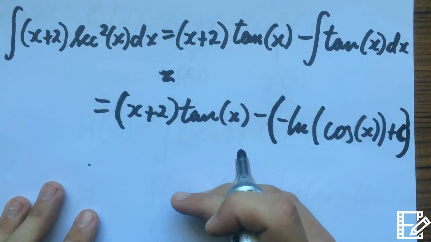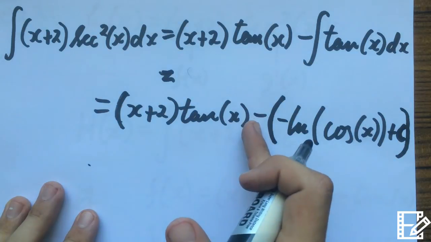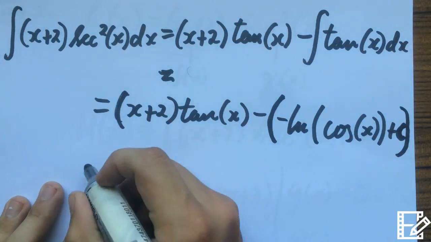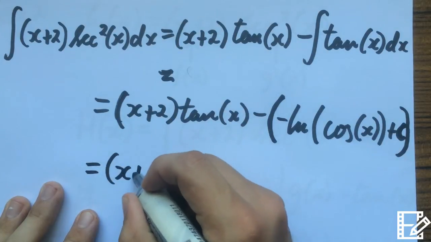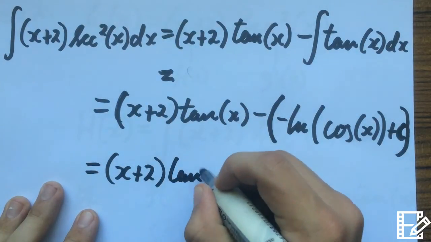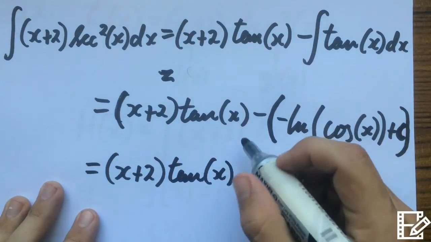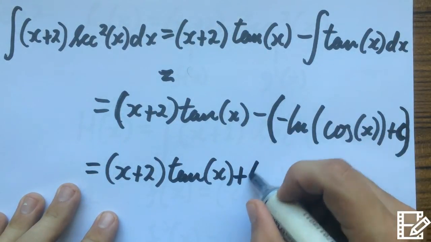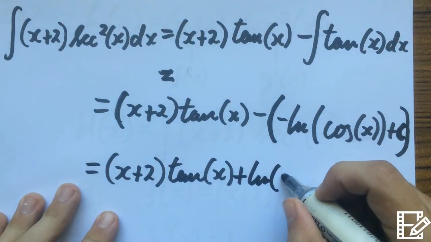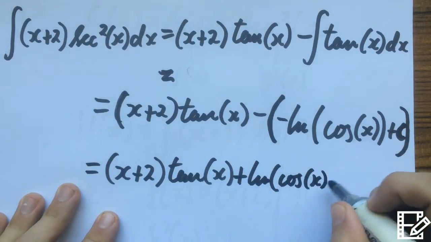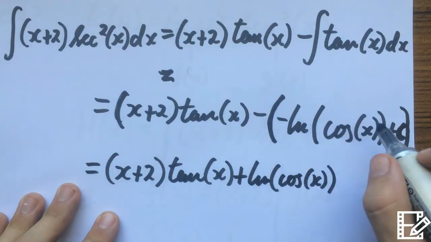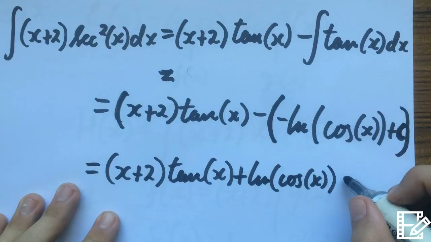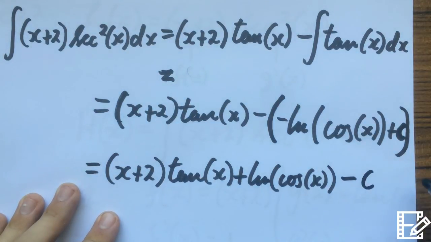The only reason I didn't do it for the other question is because it was a positive; we turned it into a positive before this stage. It's still a negative. So if I rewrite this bit out, we multiply negative onto a negative, we get a positive ln of cos x. And we multiply the negative onto a positive c, so negative multiplied by a positive is a negative c.